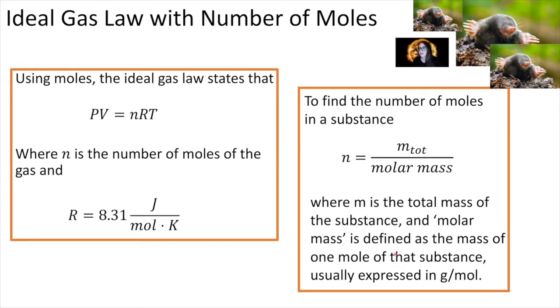The molar mass is the mass of one mole of that substance, usually expressed in grams per mole. So the little n here is the number of moles, and the big N on the previous slide was the number of molecules in that gas.